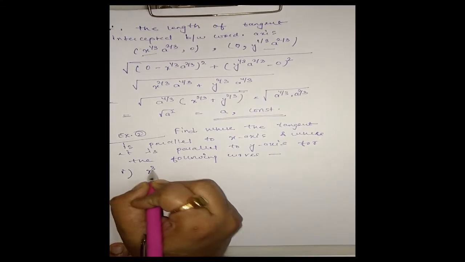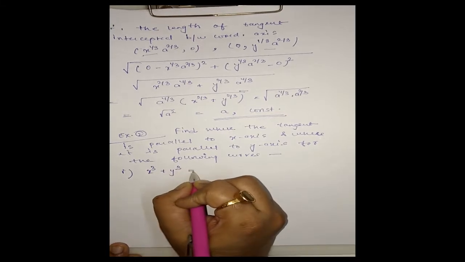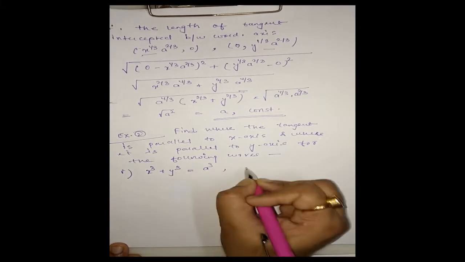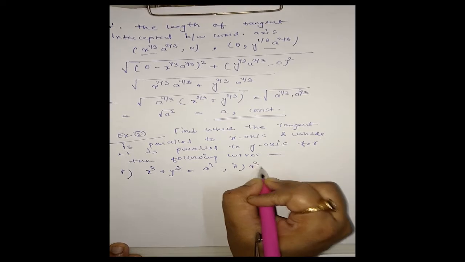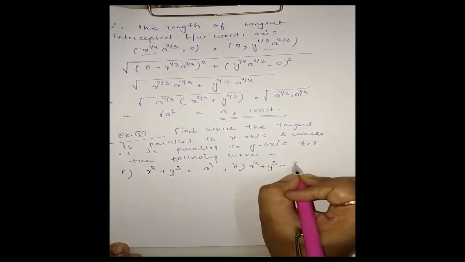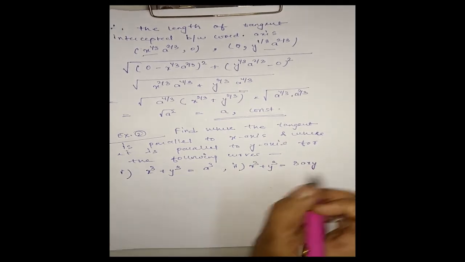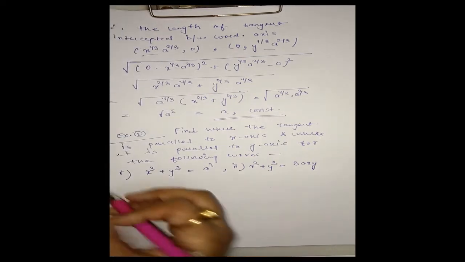First is x^3 + y^3 = a^3, and the second curve given to us is x^3 + y^3 = 3axy.